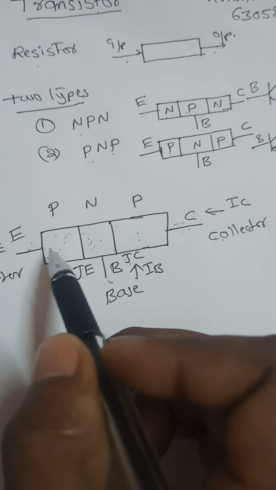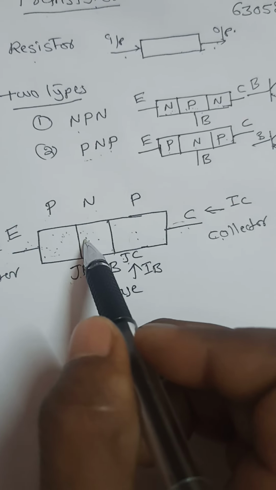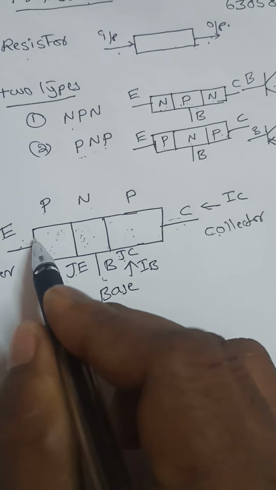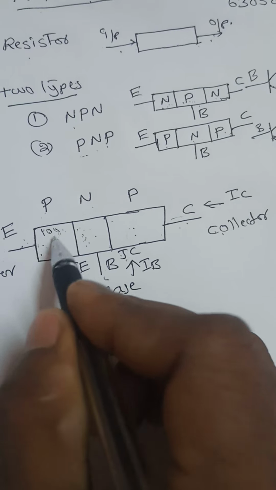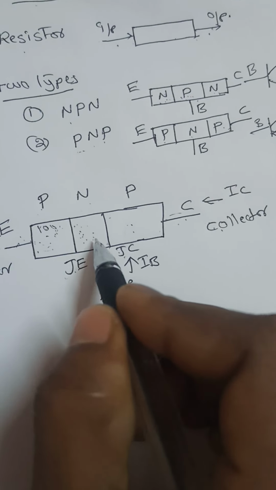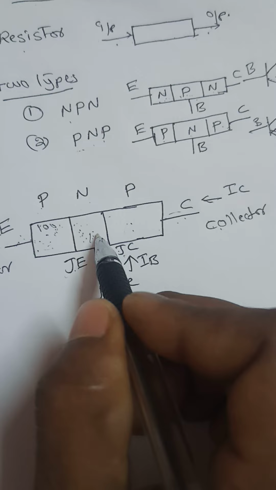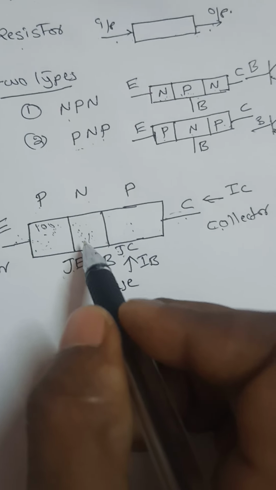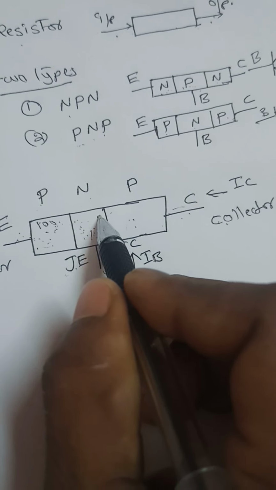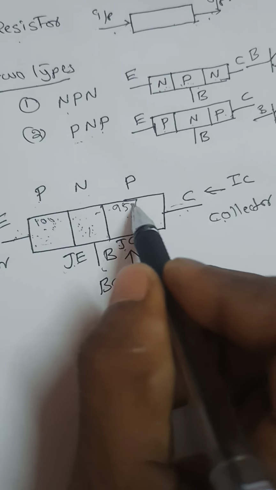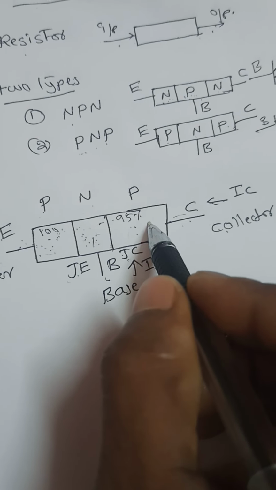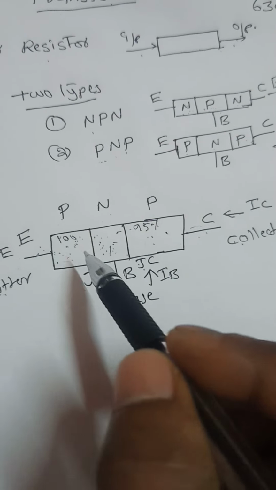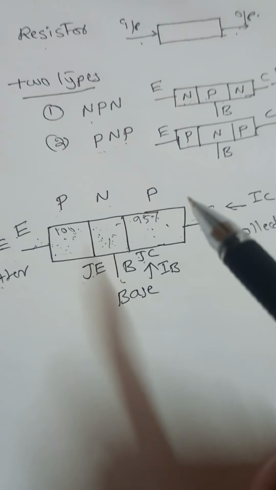So when 100% of carriers are traveling from the emitter into the base, approximately 5% of the carriers disappear due to recombination, and the remaining 95% of the carriers are collected by the collector. This is the basic operation of the PNP transistor.